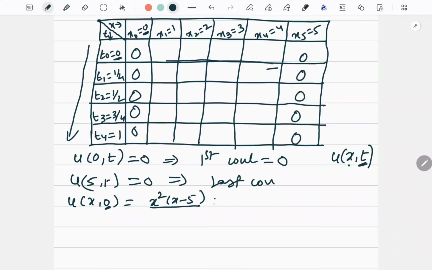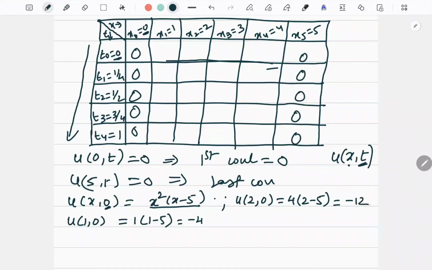So let us start now. How will I do it? First put x value as 1. So when x is 1, it is 1 times 1 minus 5. How much is it? Minus 4. Correct? Then you put here u 2 comma 0. When x is 2, 4 times 2 minus 5, so minus 3, 4 threes are 12. Minus 12 I got.